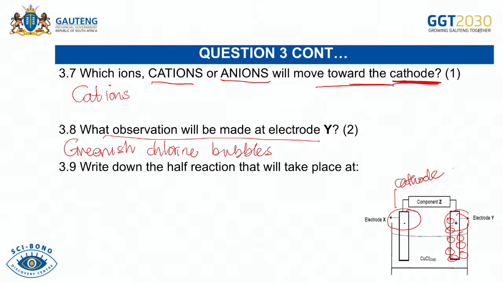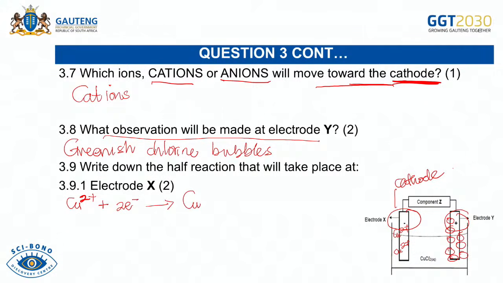3.9, write down the half reaction that takes place at electrode X. Electrode X. Here's my X here. Remember we said Cu2+ attaches here, because this is our cathode. It's where reduction takes place. What will happen? Cu2+ gaining electrons and becoming Cu.